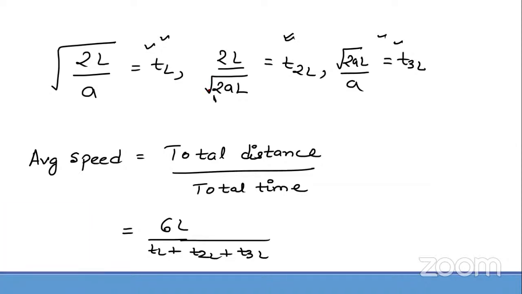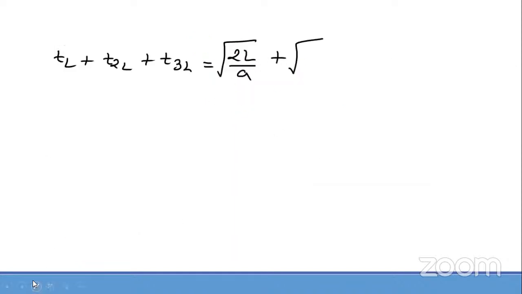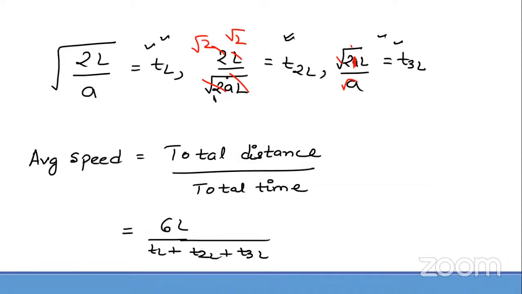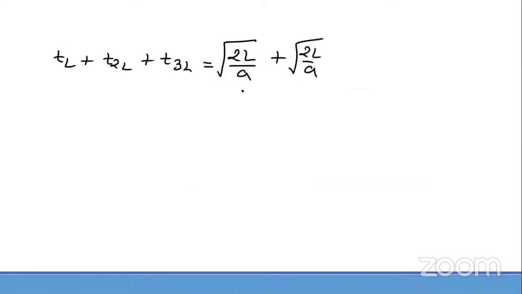Okay, so let me mark the values. This is how much? Root 2. This will be root 2. This is root L. This will be root L. Because similarly here, this is root A, which will cancel with this, so it will be root A. This A will get deleted. Okay. So the values are coming now. It is under root 2L by A, and under root 2L by under root A. That's fine.